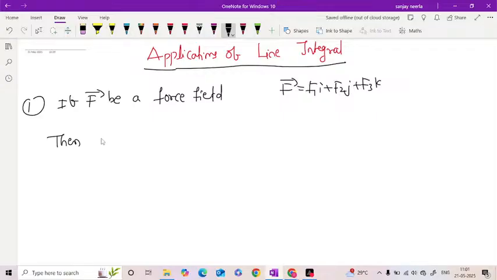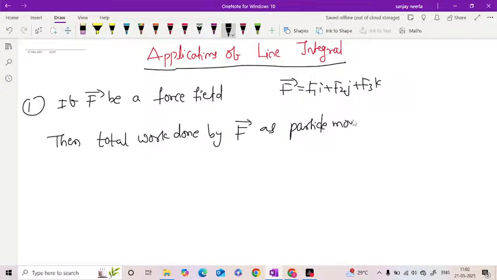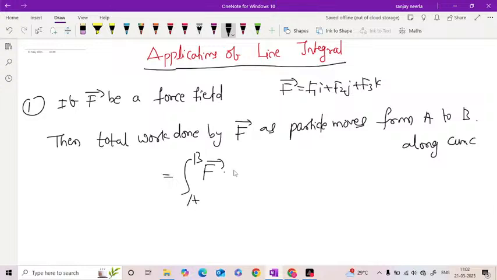so then the total work done by this force field F as a particle moves from the point A to B along the curve C is given by the integral from A to B of F dot dr. It is equal to W, that means work done by force.